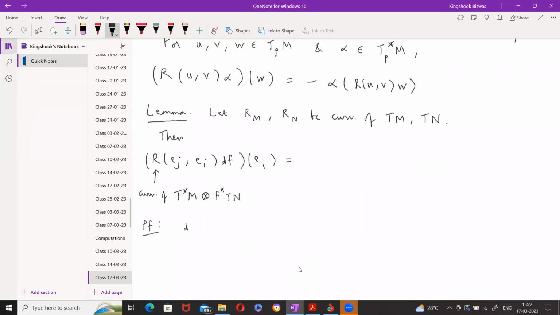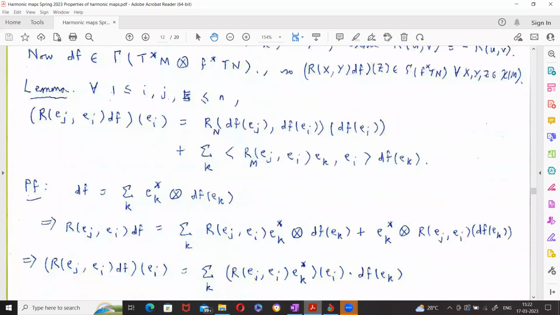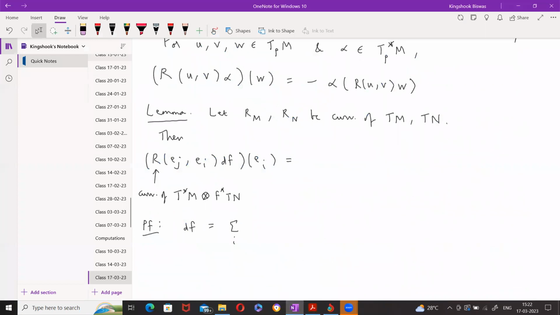We know df is a linear map, so with respect to the basis E_i, I can write this as a sum over K. I'm fixing i and j, so let me write this as a sum over K.